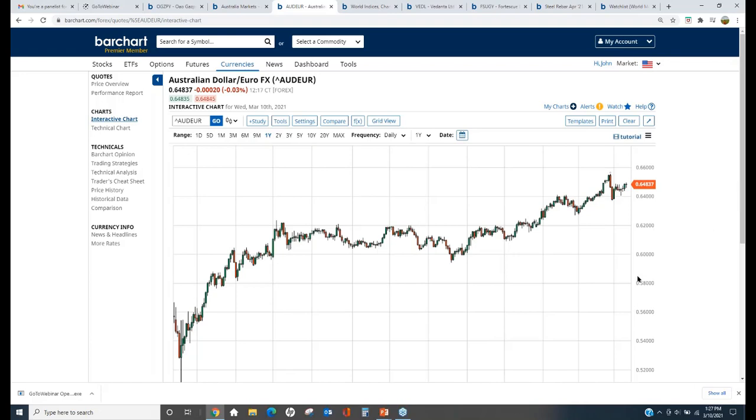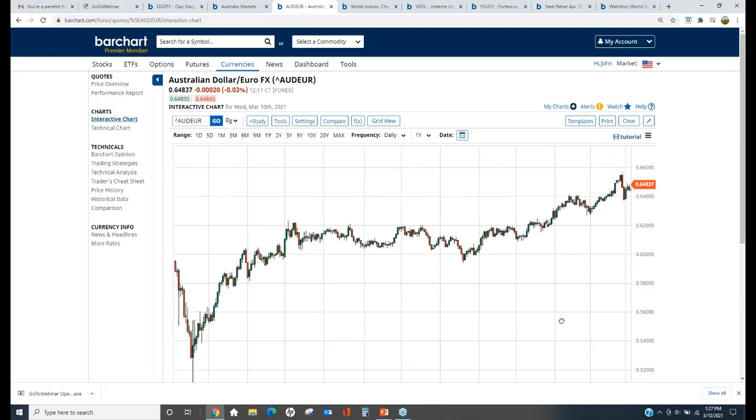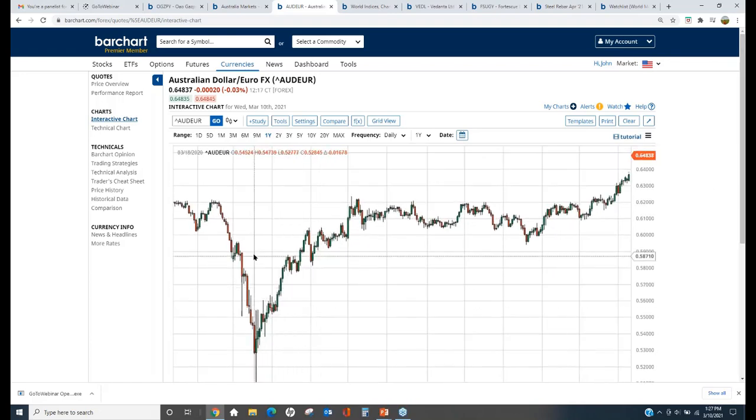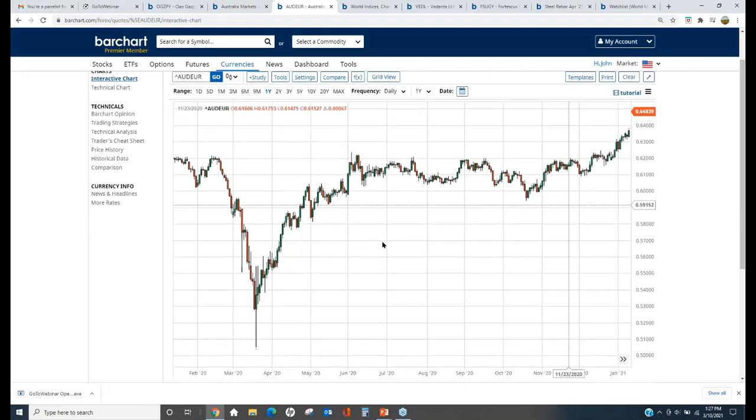We can see that as far as the Australian dollar towards the euro, about April is where we started to see the Australian dollar appreciate towards the euro, right? As European money flows into Australia to buy Australian goods. And you can see that the beginning of April, April 3rd, here it is, that's where we started to see that exchange rate start to go up. That's when that stock started to take off.